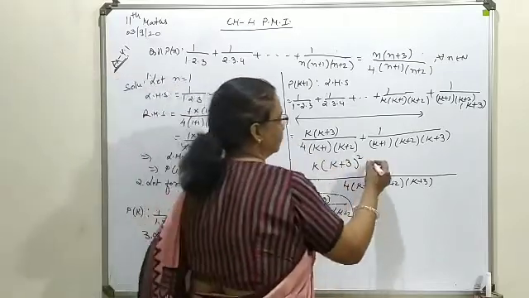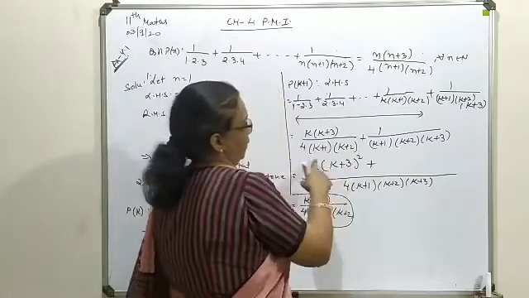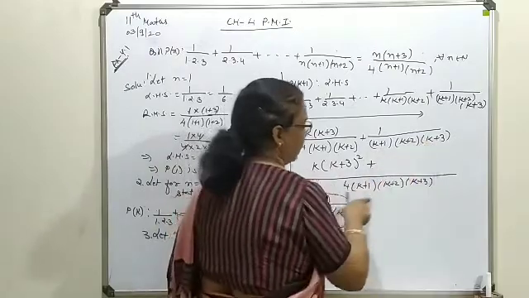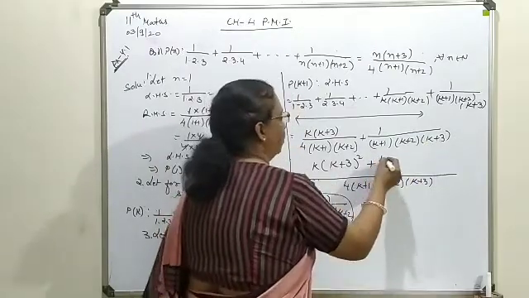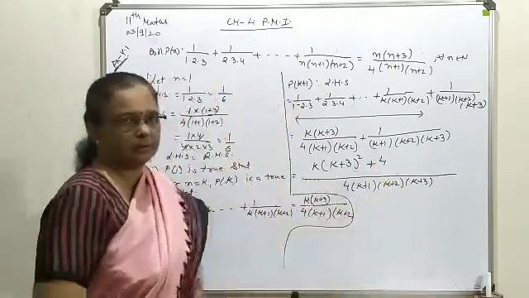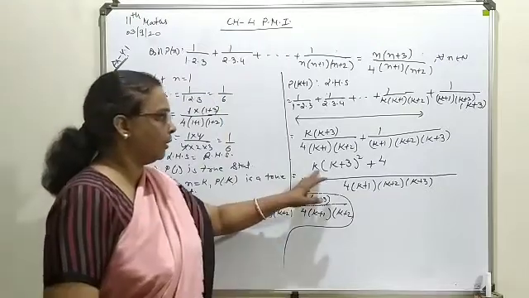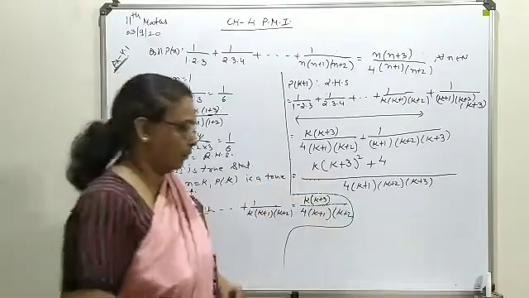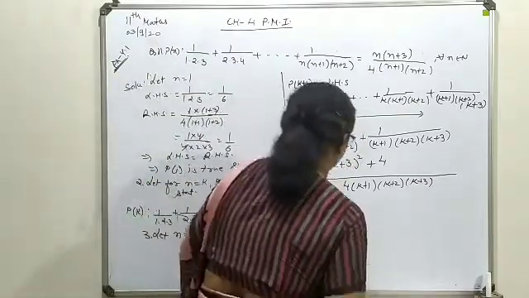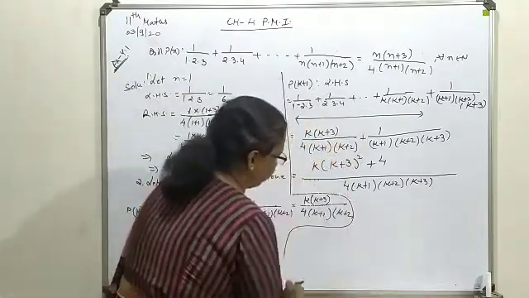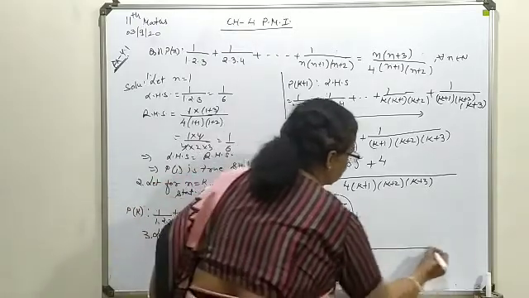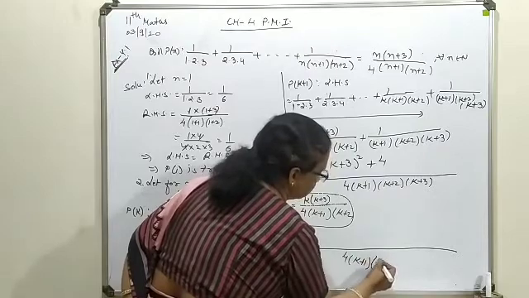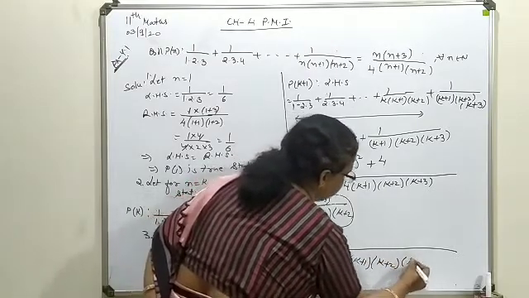In the second term, 4 is the only multiple, since (k plus 1)(k plus 2)(k plus 3) is available everywhere. Now expand this square and multiply by this expanded form. So the denominator 4 (k plus 1)(k plus 2)(k plus 3) you keep as such.